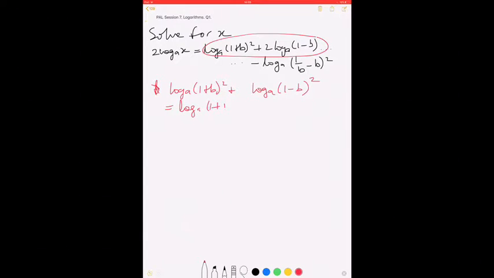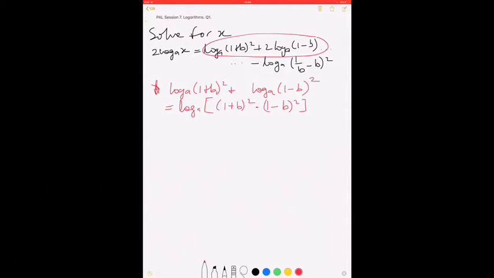Oh, sorry, we're adding, right? So I'll write it like this: (1 plus b) squared multiplied by (1 minus b) squared.